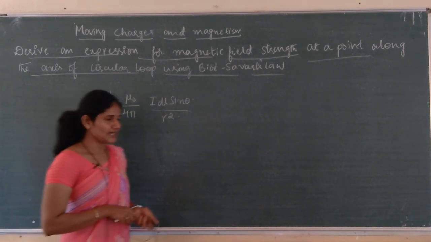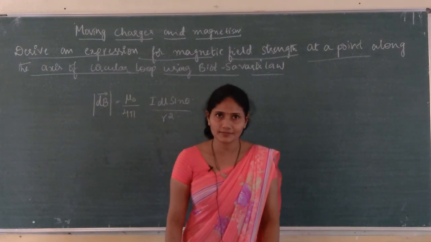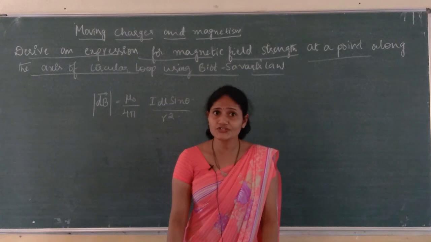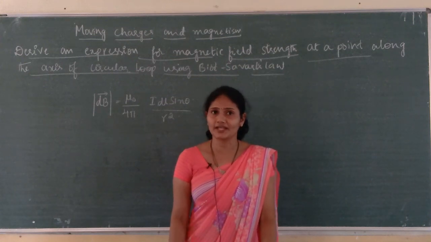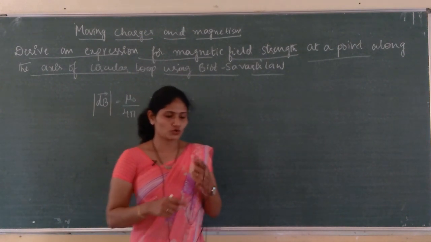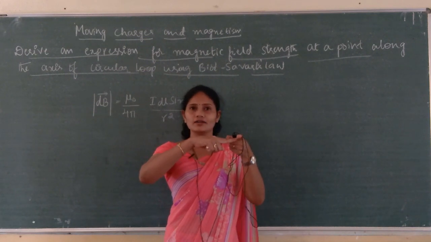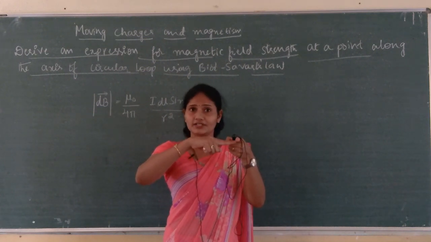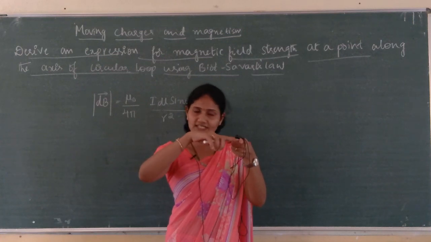Also we know that the direction of the magnetic field is always perpendicular to the plane containing dl and r. So if this is the direction of dl and this is the direction of r, the dB vector should be perpendicular to this plane, perpendicular to both dl as well as r.